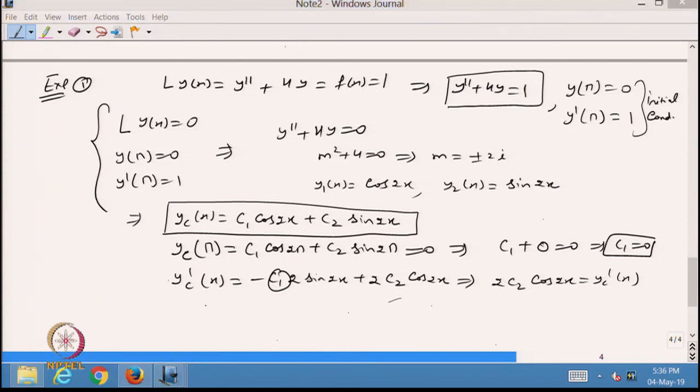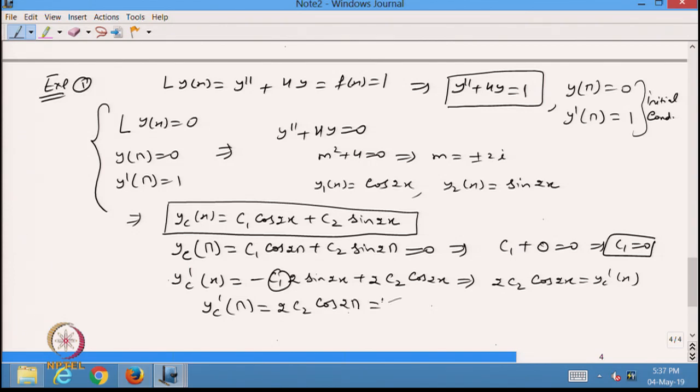So, y_c'(pi) will be 2 C2 cos 2 pi, and that is equal to 1. Since cos 2 pi is 1, my C2 will be 1 by 2.